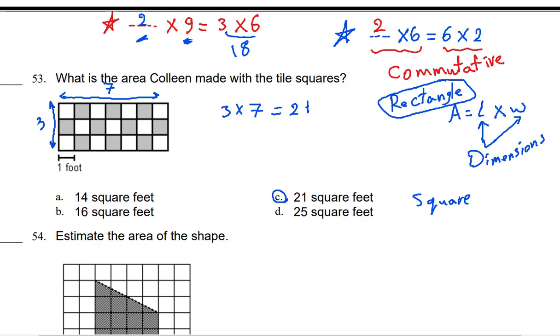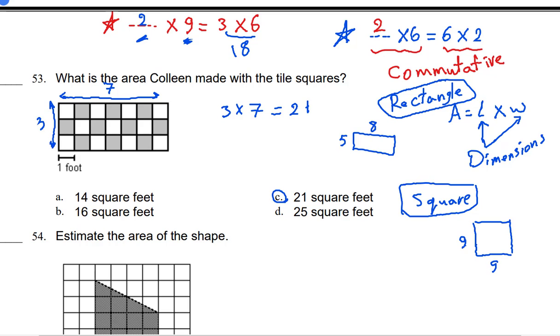So you say that the rectangle and the square are the same shape, but the rectangle has 2 different dimensions. If I draw here and write 5 and 8, this is a rectangle. But for the square, it's the same shape, but this time we have the same number. If this one is 9, this one is also 9, this is 9, this is 9. All sides are equal. Thank you, Ahmed.